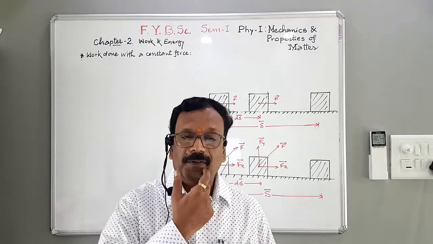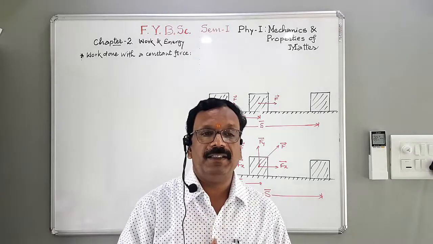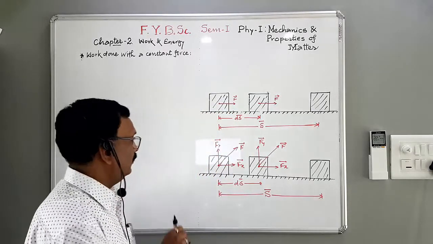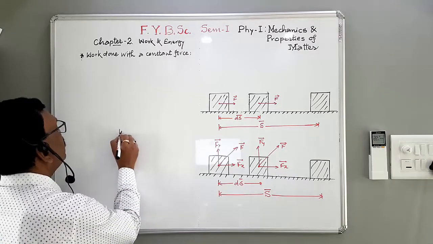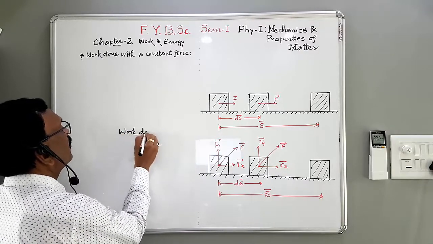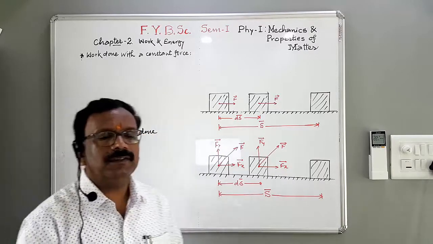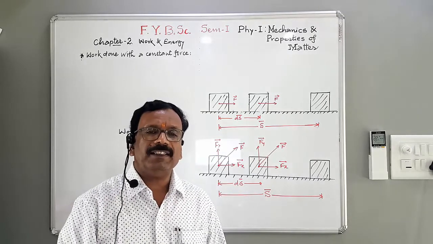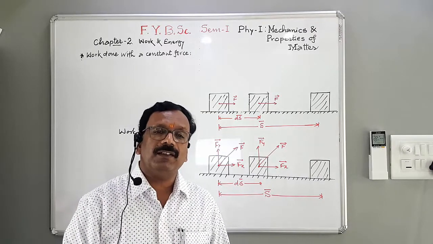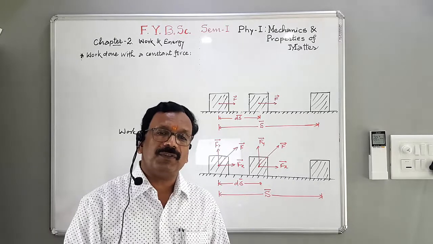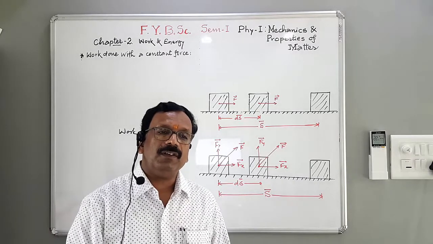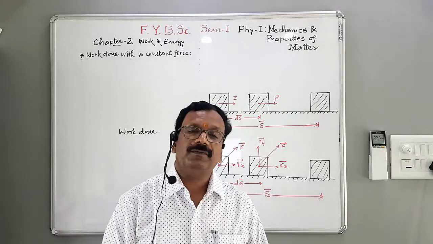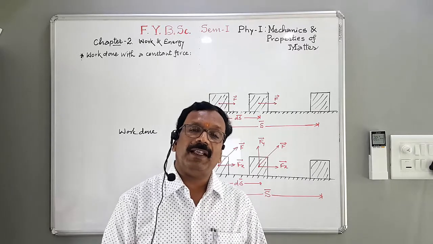On this article, a question may be asked like this: explain the term work done and obtain an expression for work done by a constant force, or explain the term work done and calculate the work done by a constant force.